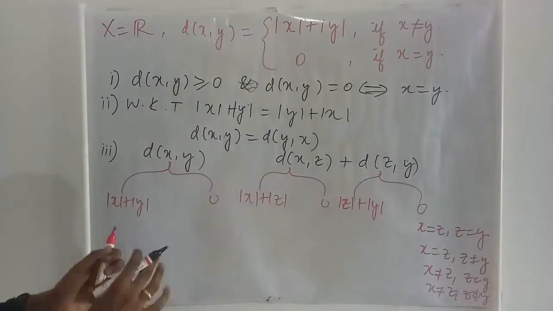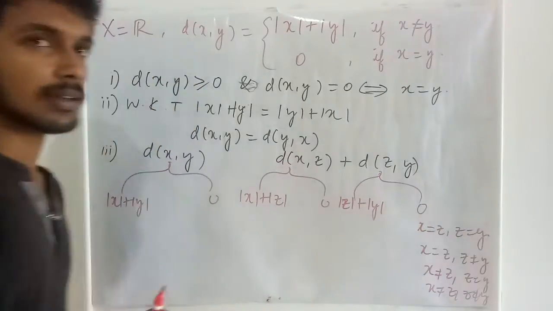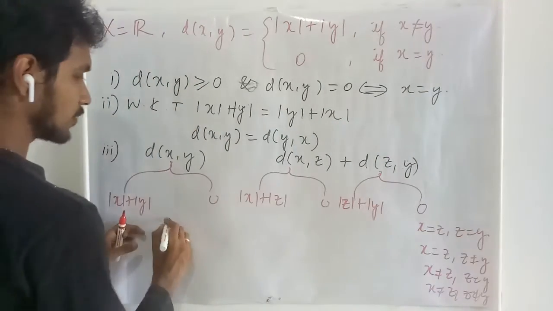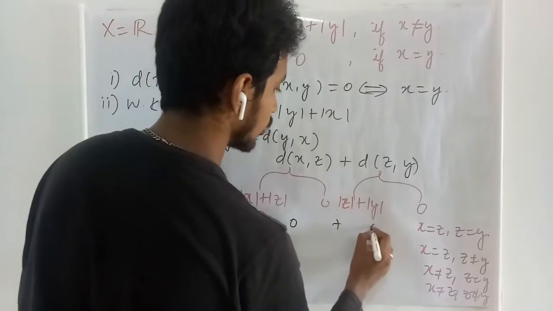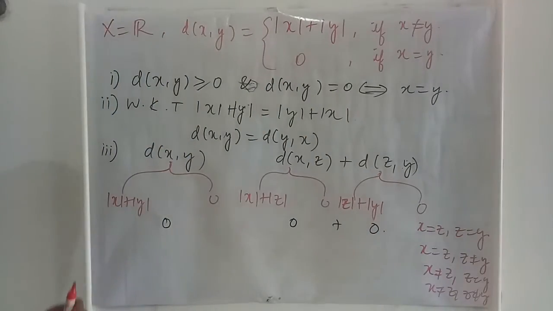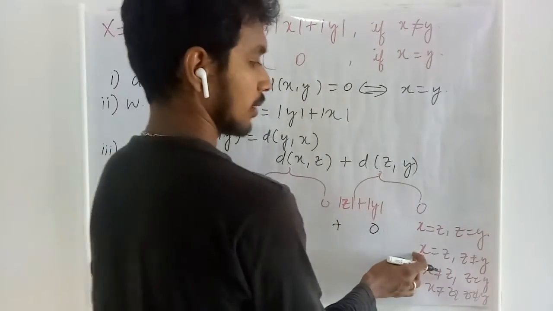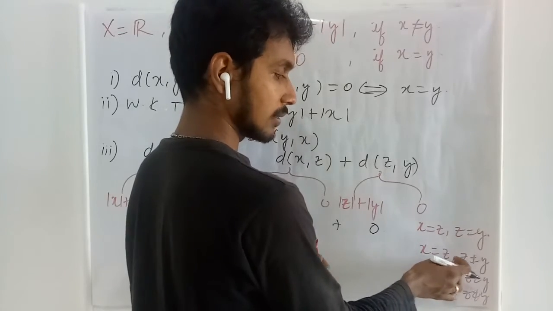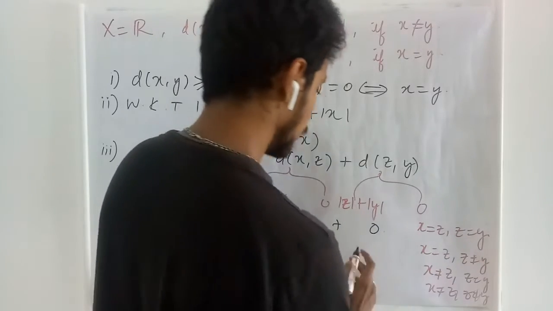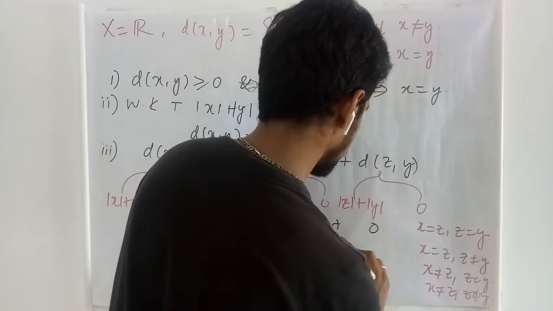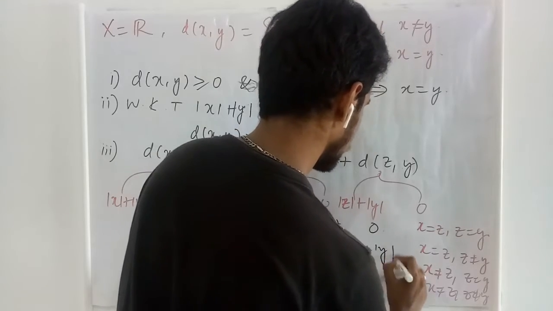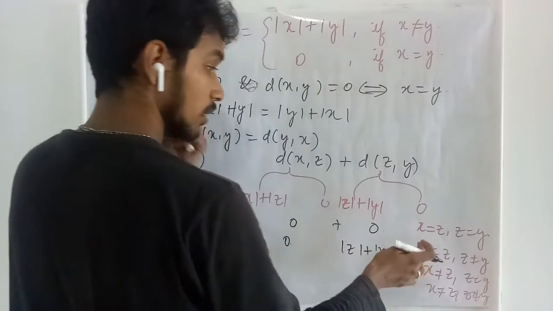Now, what is going to happen here? If all the entries are the same, then we will have 0 here, 0 plus 0 here. And here we have taken x and z are the same and z and y are different, which means here we will have absolute of z plus absolute of y, here we will have 0.